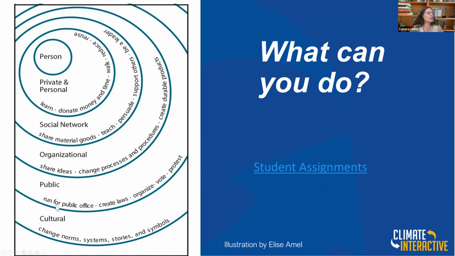And in getting to this level, you really have to take into account more than just the science of the climate system. You really have to think about the social and economic impacts.